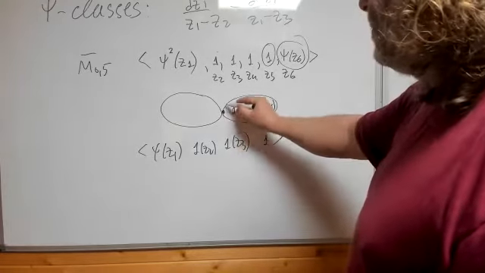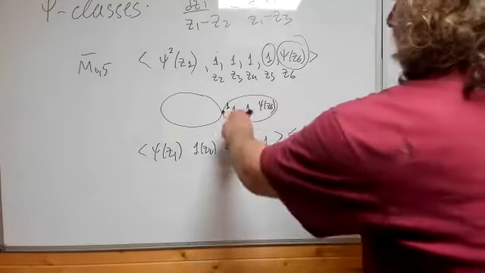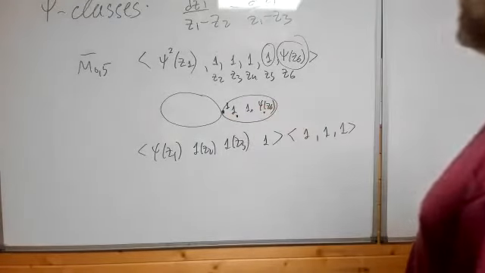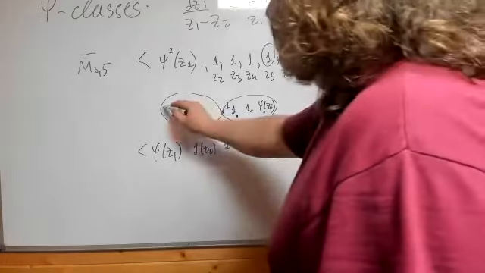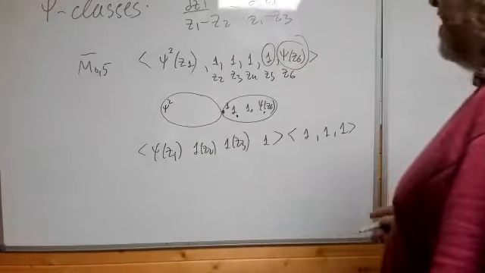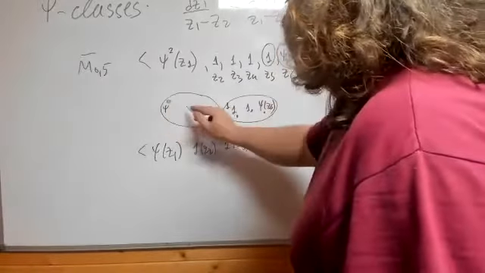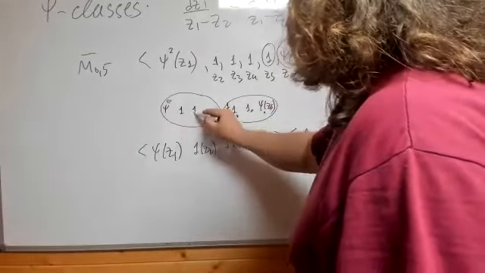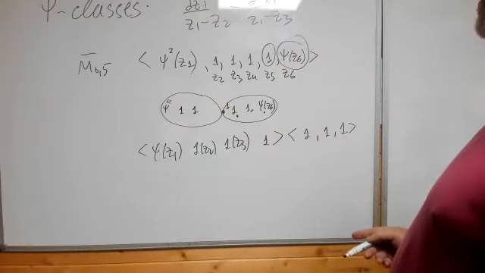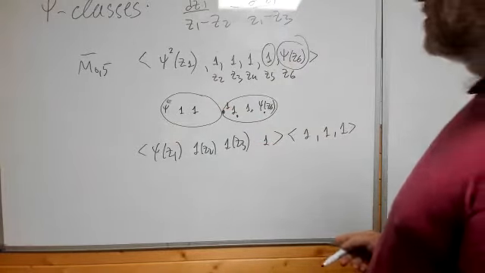And 1 would come out of this. 1, 2, 3, 4 points. And here you'll have psi square, sorry, psi together with 1, 2 points, yes.